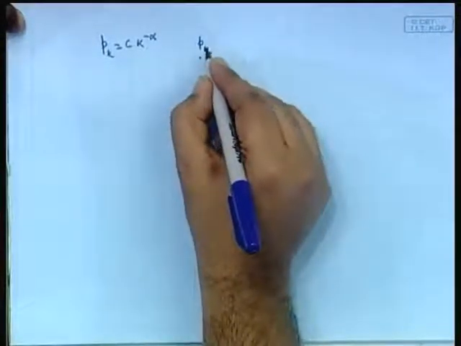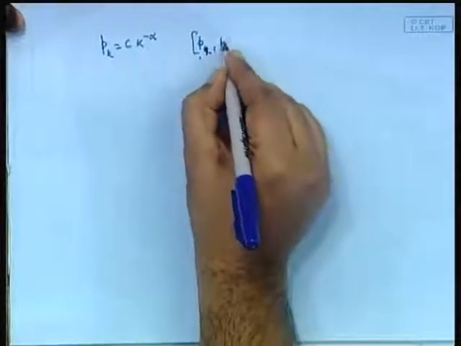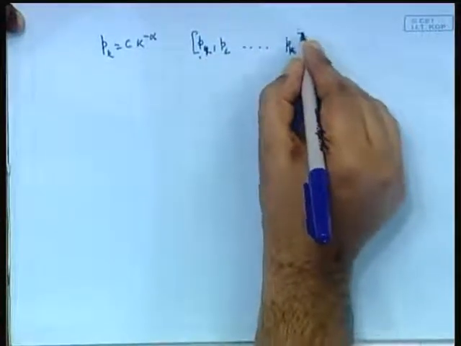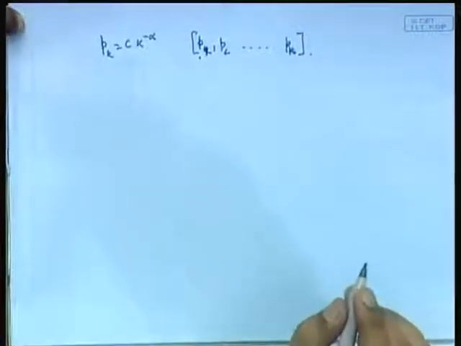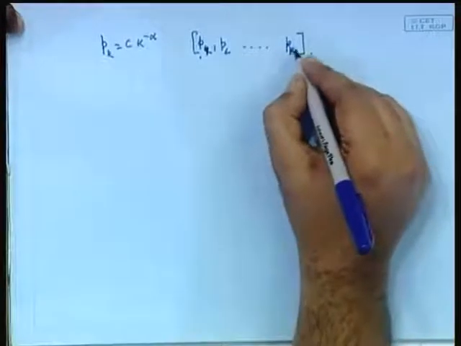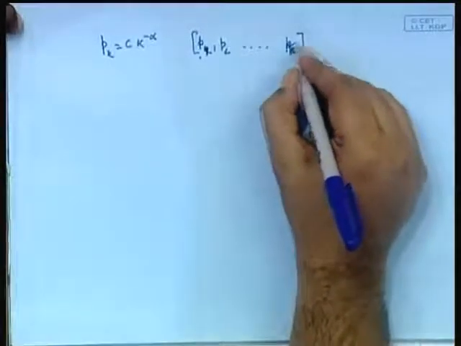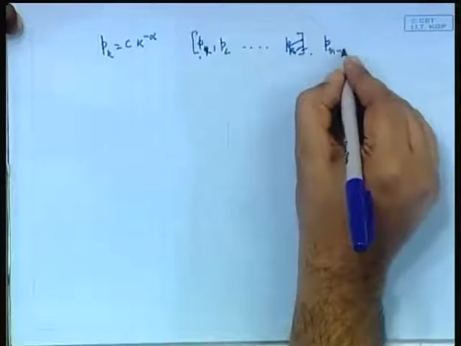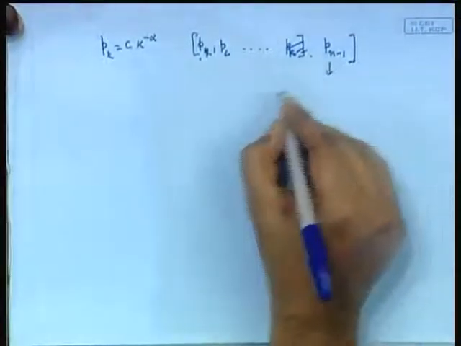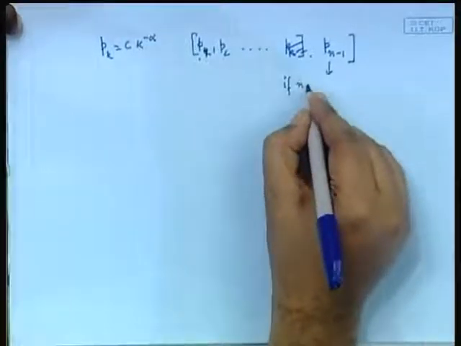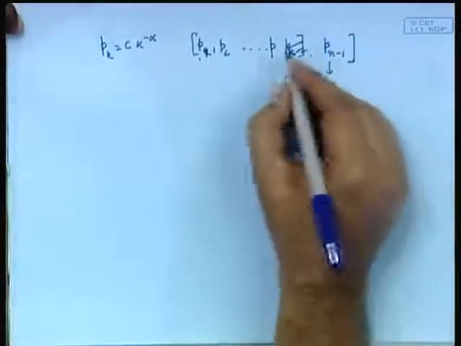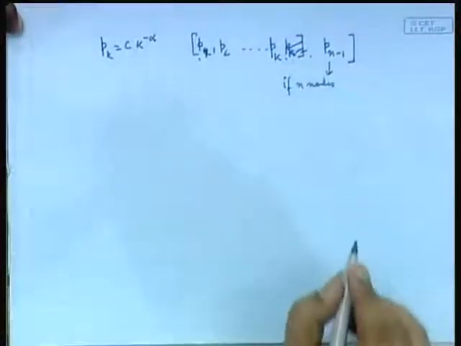I am supplied with P1, P2, up to Pk. Actually, if there are n nodes, what can be the highest degree? Pn minus 1. I am given this.